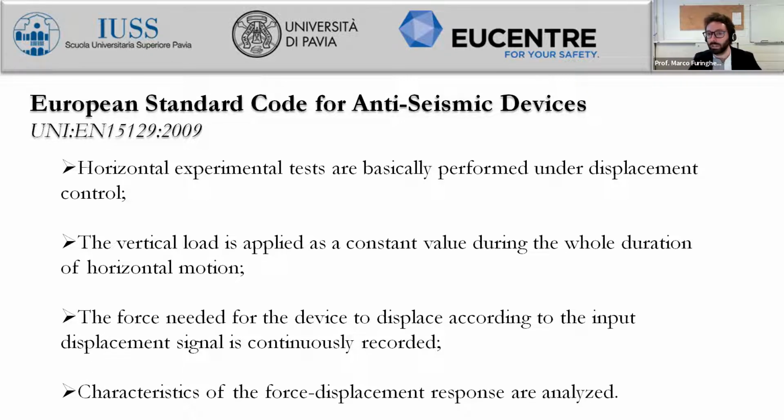So the overall behavior is to provide also additional fluctuations, but they could be very low. And then, as I mentioned, the force which is needed to displace the device according to the input displacement signal is continuously recorded, and this will provide the force displacement response, which can provide all the mechanical properties of the bearing by considering the data processing procedures that we will see.